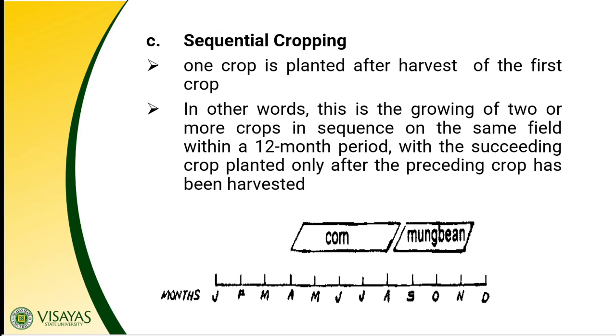Okay, next is sequential cropping. This is where one crop is planted after harvest of the first crop. In other words, this is the growing of two or more crops in sequence on the same field within a 12-month period, with the succeeding crop planted only after the preceding crop has been harvested.